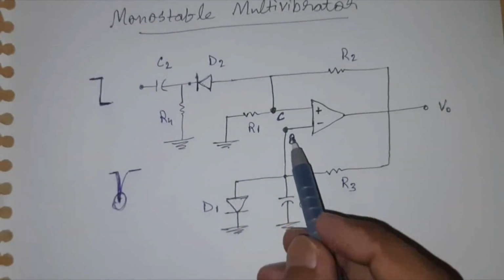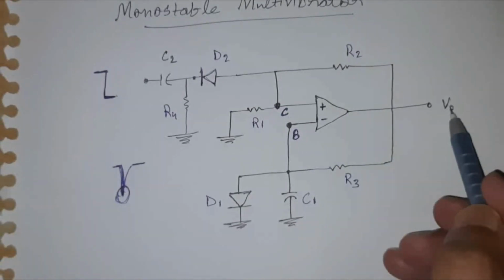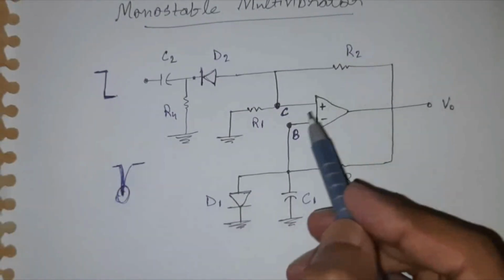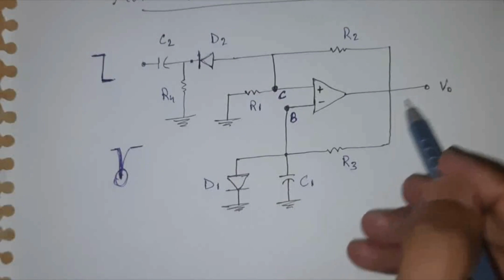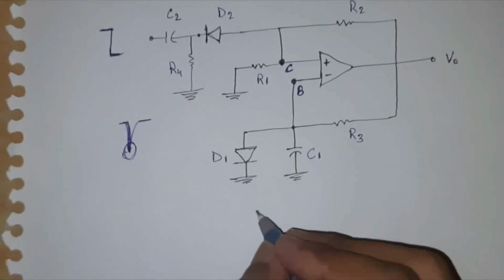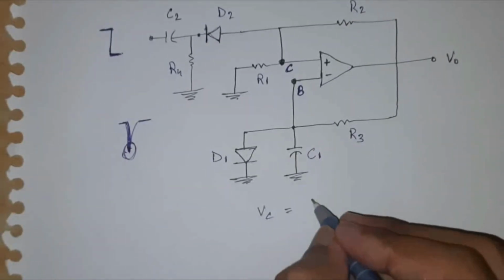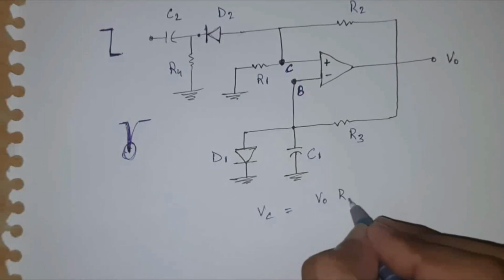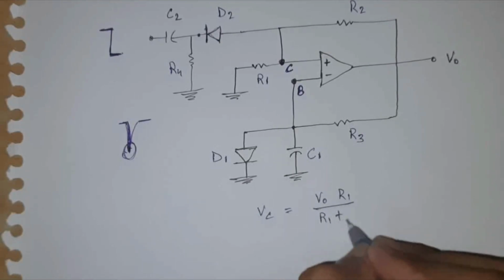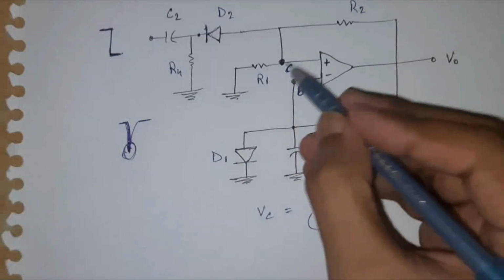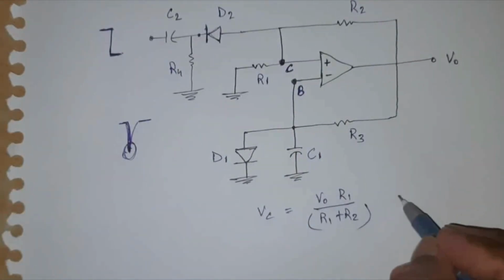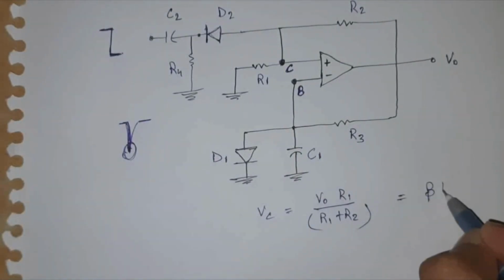Now we have to see what the effect on the output voltage is. So by the voltage division rule, Vc will be given as V out into R1 upon R1 plus R2, and let us consider it to be beta V0 or beta V out.